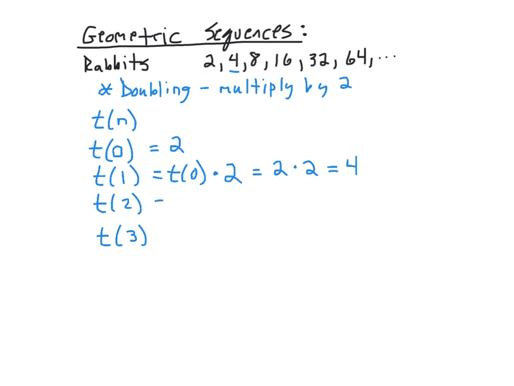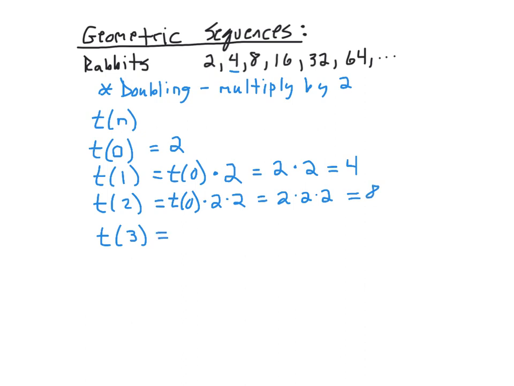And I can continue this. It's always going to be t of 0 that I start with. Then I multiplied by 2, but then I had to double it again, because I'm moving on, and each time I move on, I double it. And you can see how we can continue this pattern, and that ends up being 8.